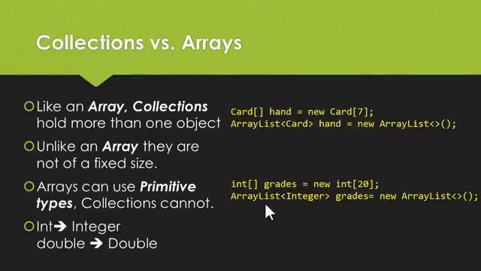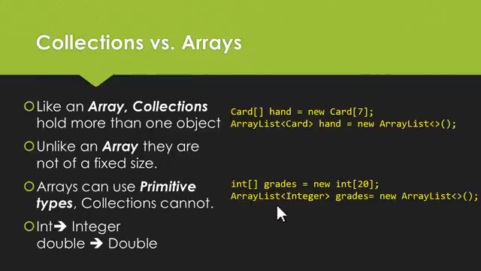For example, when we make an array of grades, we might just say int array grades equals new int of size 20, making 20 contiguous blocks of integers. The second example down here says ArrayList Integer. It doesn't say int, because again, when you declare a collection, which an ArrayList is, you always must use an object. So Integer is the object representation of int.